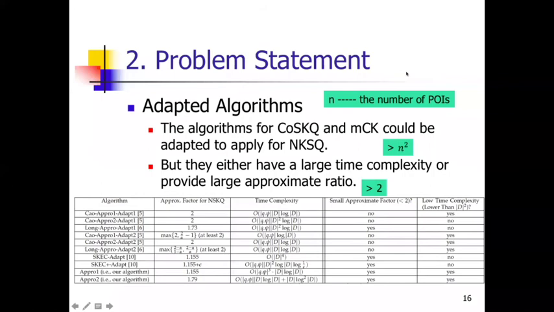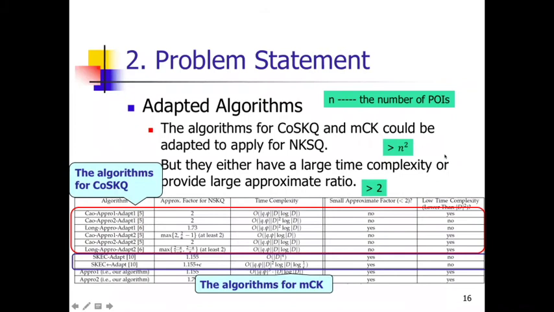So now let me show the comparison of our algorithm and baselines in terms of accuracy and the time complexities. In this table, a small n is the number of point entries. The algorithm in the red box was adapted from the algorithms for co-SQQ.